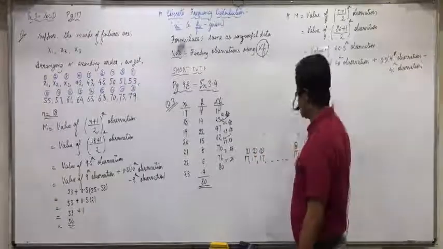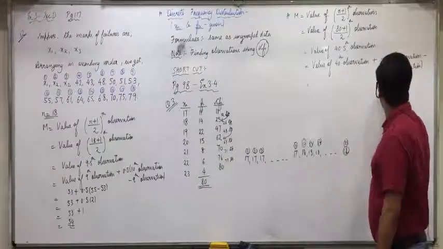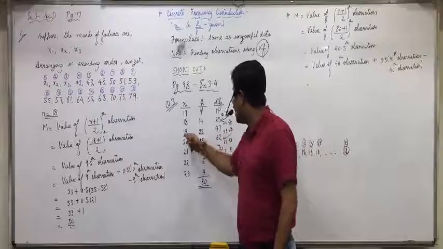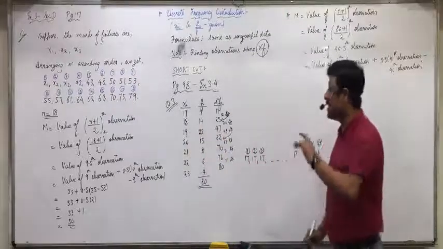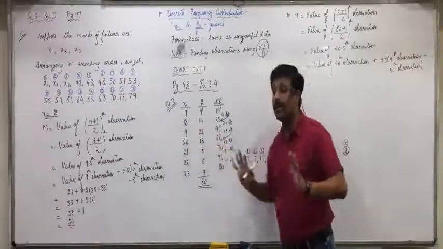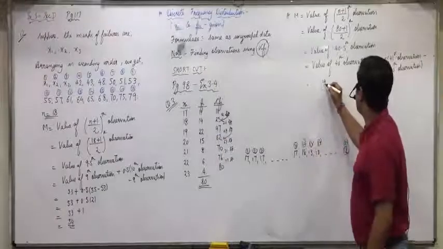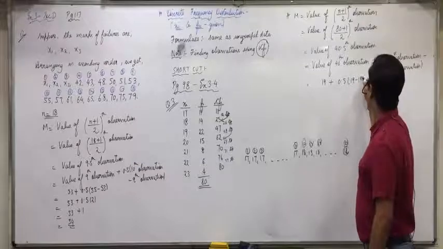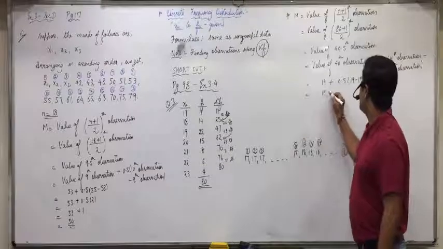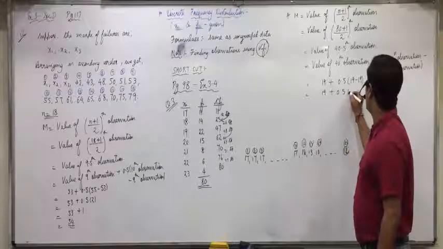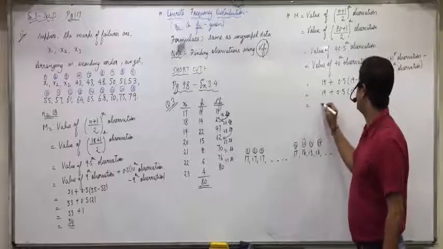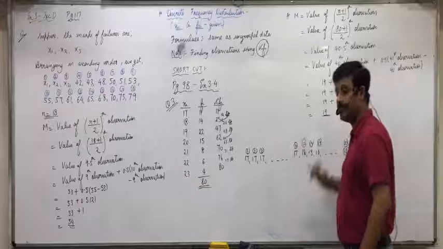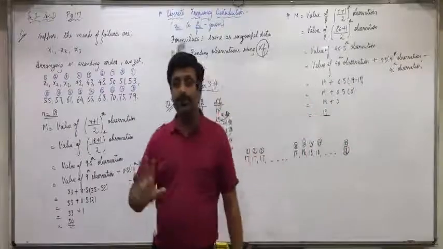In between, 40th is also 19. 41st is also 19. 42nd, 43rd, up till 47 all are 19. So can I say this will be 19 plus 0.5 times (19 minus 19)? 19 plus 0.5 into 0? 19 plus 0 is 19. Understood this?